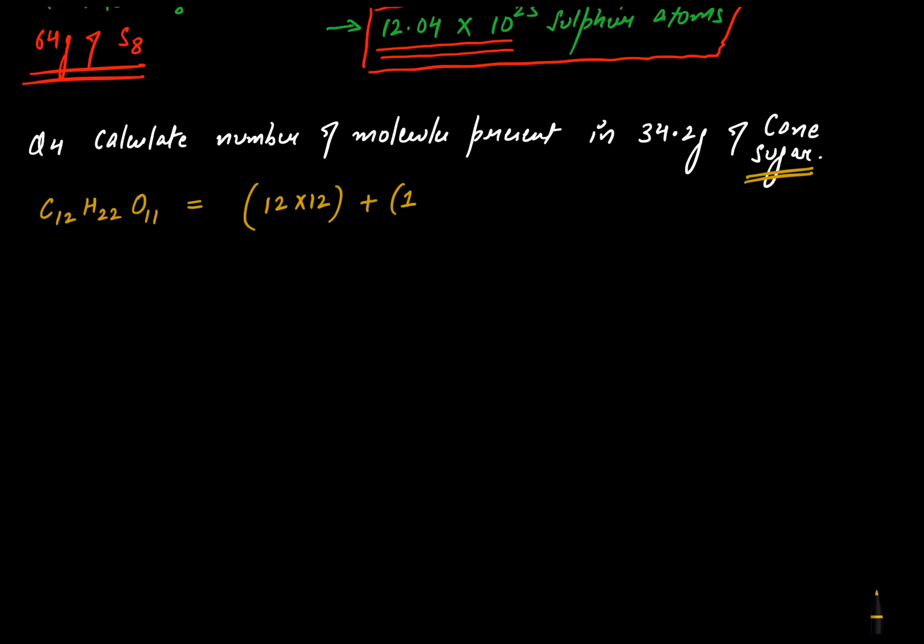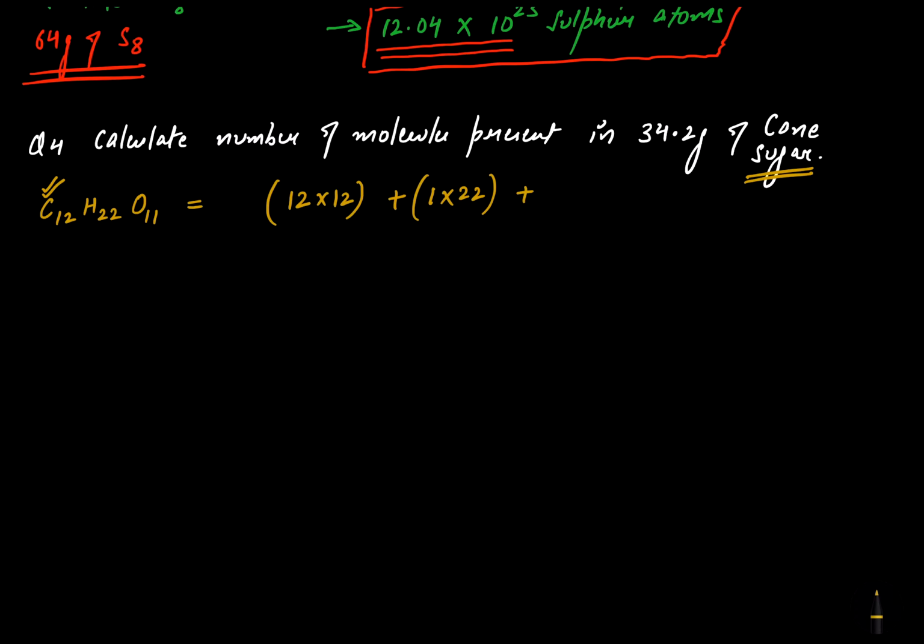Okay, I'm so sorry, let me take it again. Sorry, I said molecular weight mistakenly. The atomic weight of carbon is 12. We are having 12 atoms of carbon. So it's 12 into 12 plus atomic weight of hydrogen is 1. We are having 22 hydrogens, into 22.